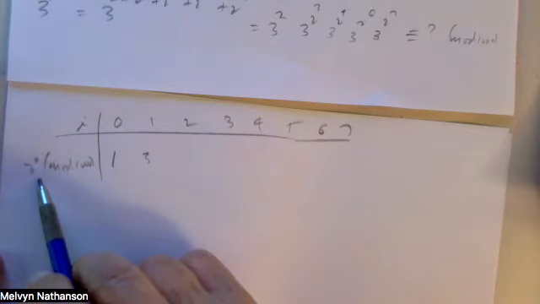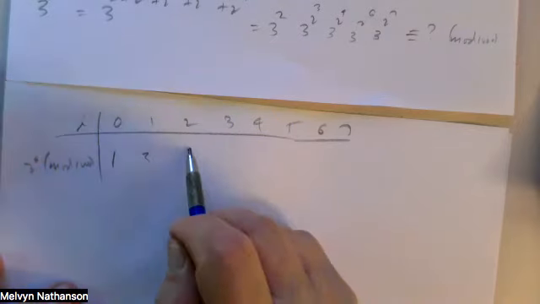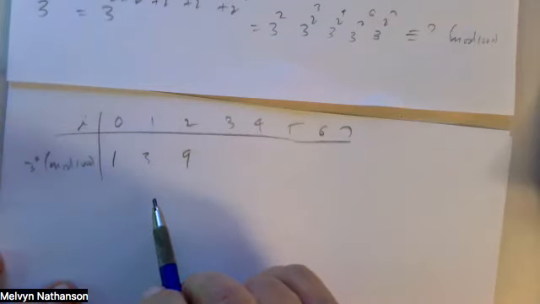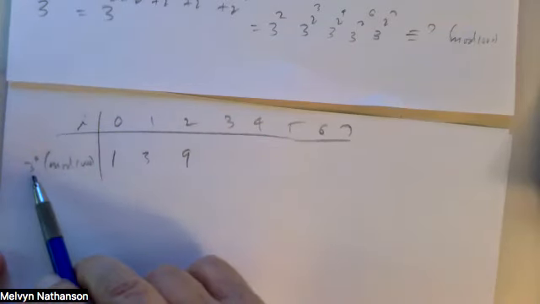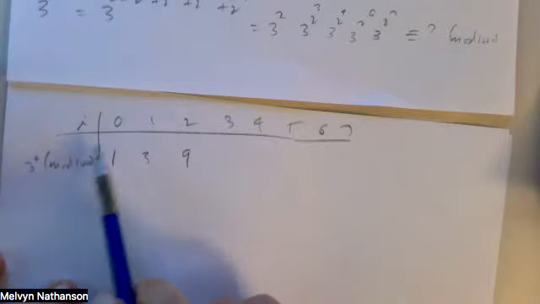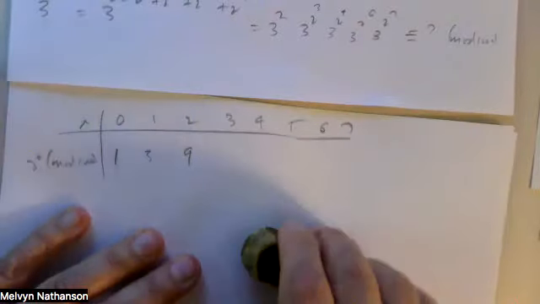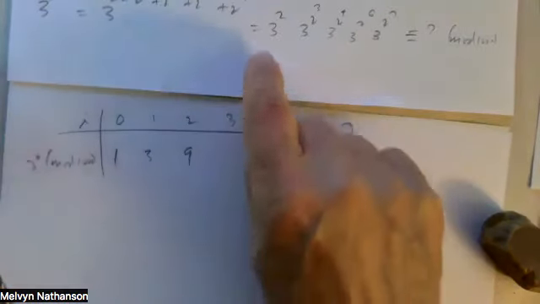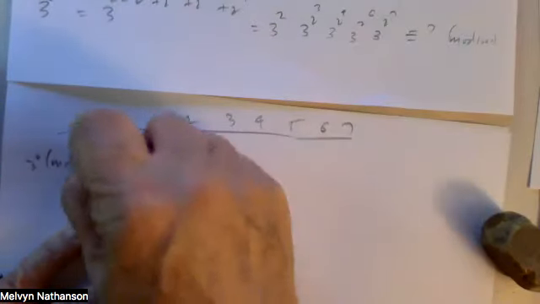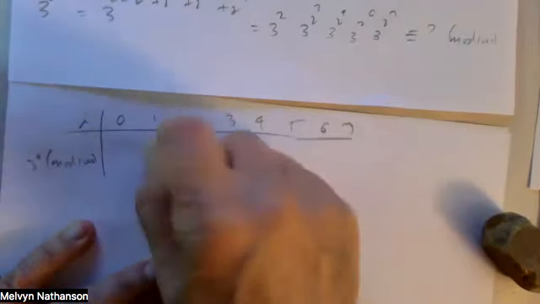This is all mod 1,000. I'm sorry. I don't want 3 to the I, I want 3 to the 2 to the I. I'm taking 3 to powers of 2. Actually, we'll see this is pretty easy.